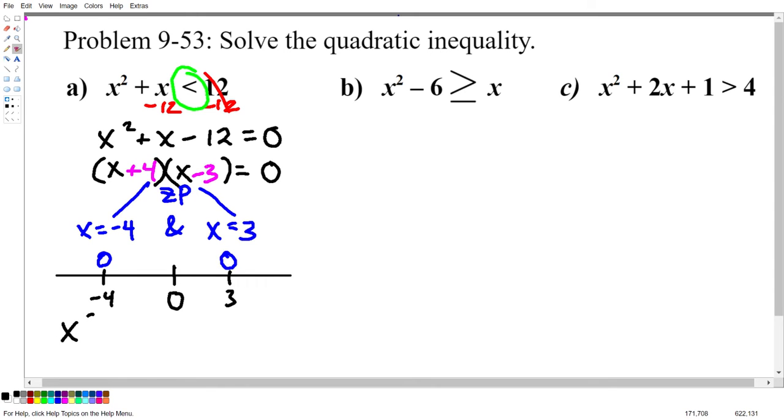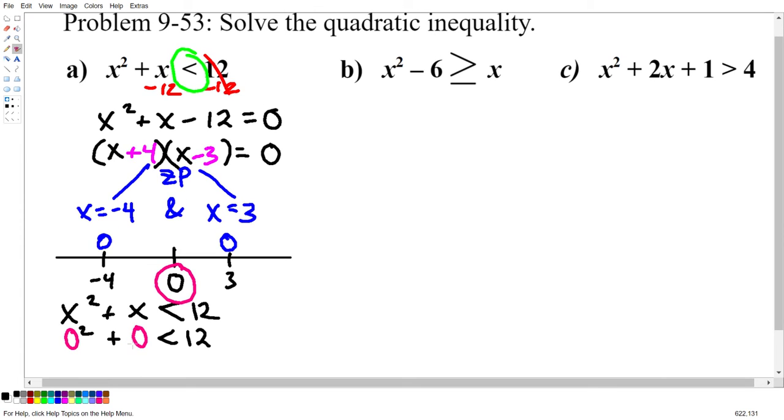So if I take my original inequality, x squared plus x is less than 12, and I just plug in the number 0, what happens? 0 squared plus 0 is less than 12. We're just checking if 0 works. So what is 0 squared plus 0? That's just 0. Let's decide if this is true. 0 is less than 12? Yep, that's true. So 0 is a solution.